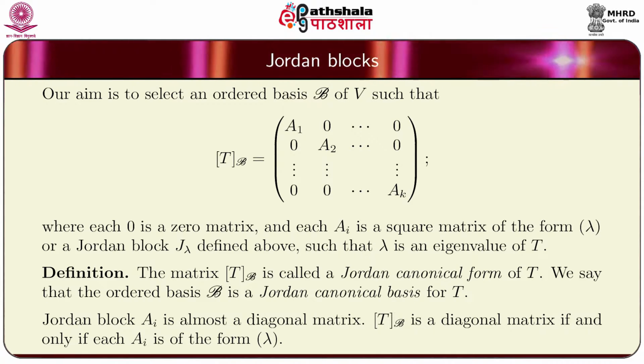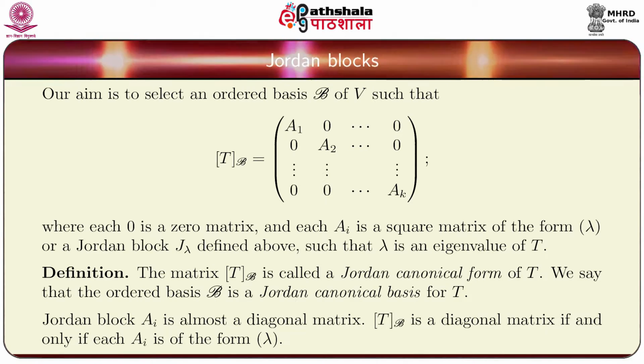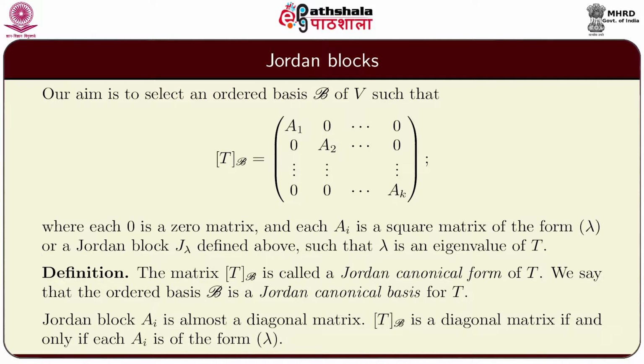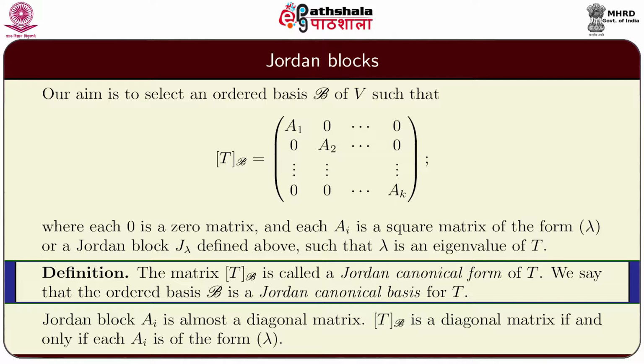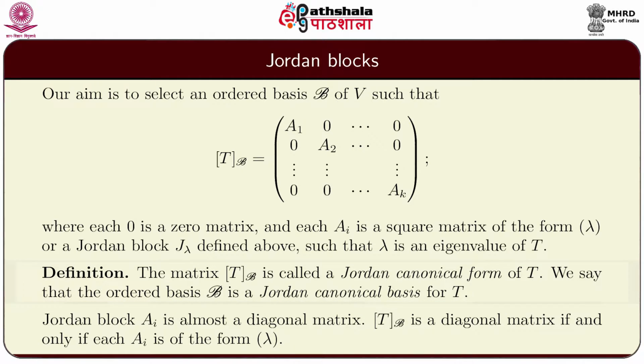So, it is an expression in block form, and the non-zero blocks are either 1 cross 1 matrix of the form lambda or the Jordan blocks, and lambda is an eigenvalue of T. Definition: the matrix T B is called a Jordan canonical form of T. We say that the ordered basis B is a Jordan canonical basis for the operator T. And note that a Jordan block is almost a diagonal matrix except for those upper off-diagonal entries, and T B is a diagonal matrix if and only if each A i is of the form the 1 cross 1 matrix lambda.